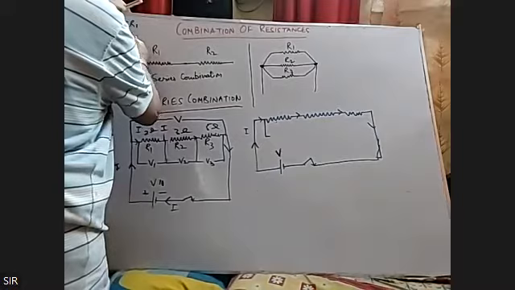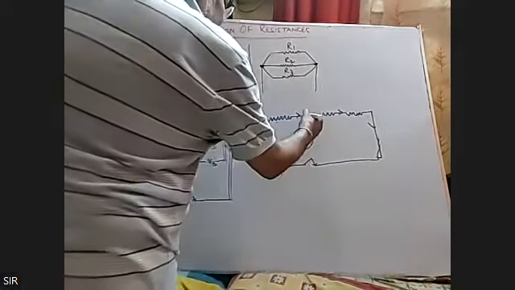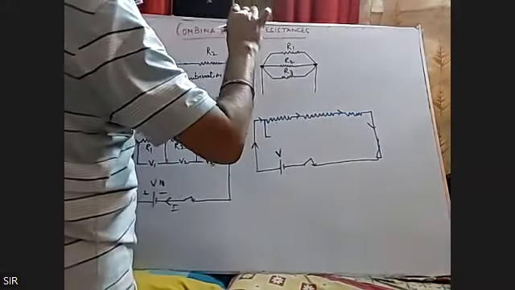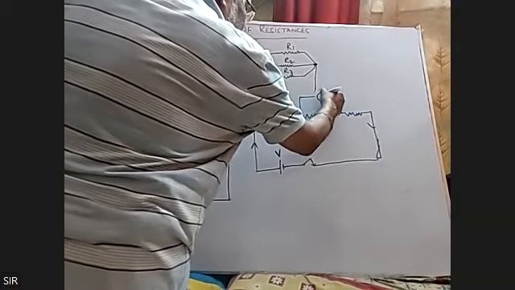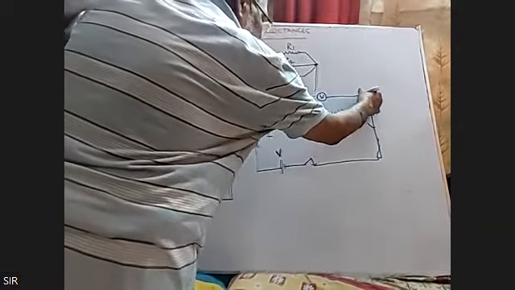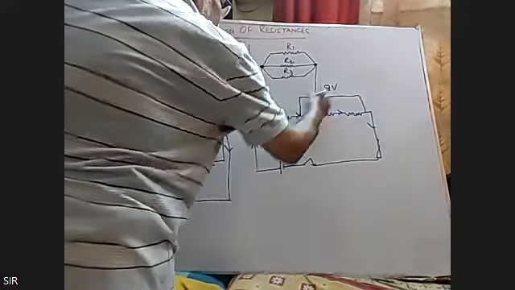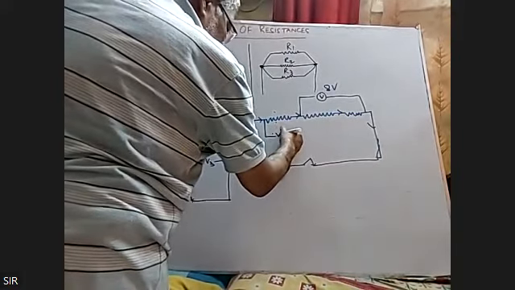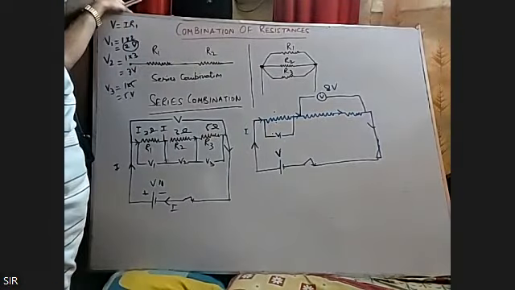It has already 2 volts. If I apply a voltmeter here, it will show me 8 volts because 2 volts is already dropped as V1. That is called voltage drop, potential drop.